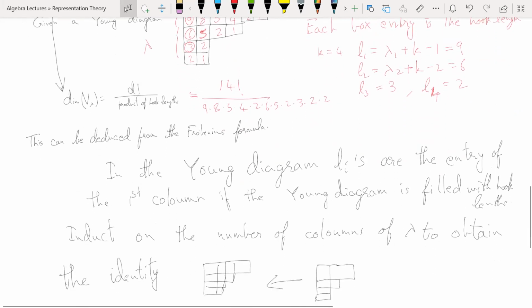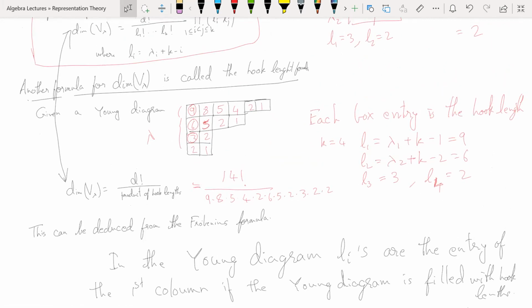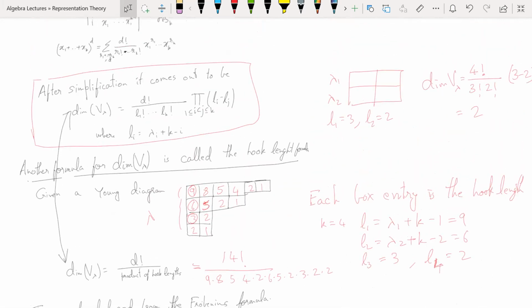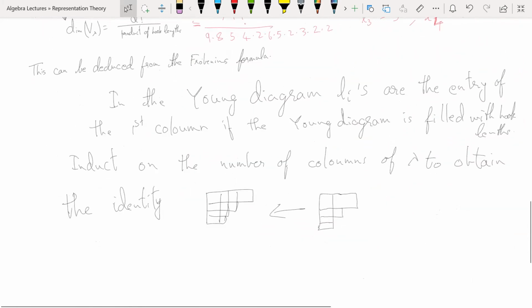If it is a straight line, then the entries are going to be d, d minus 1, and so on up to 1. So maybe just do this case.